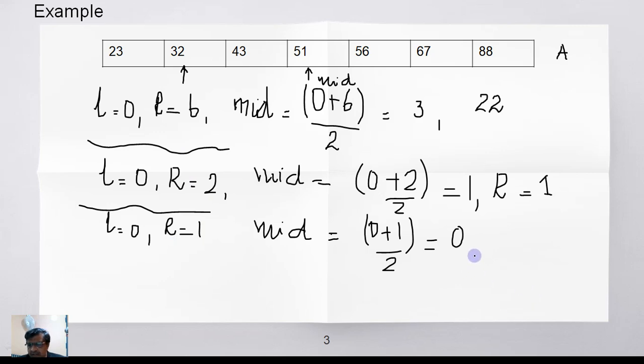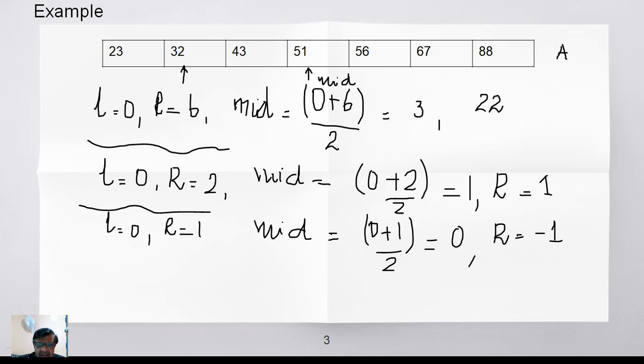So the algorithm will reduce R further. The earlier mid is 0, 0 minus 1 is minus 1. So R becomes minus 1 while L remains to be 0. Therefore L becomes greater than R, or R becomes lesser than L. This becomes a fictitious situation. So that is good enough for the algorithm to say that the key is not present.